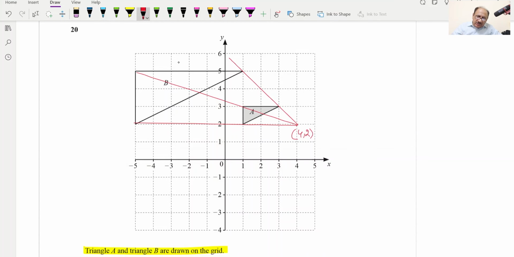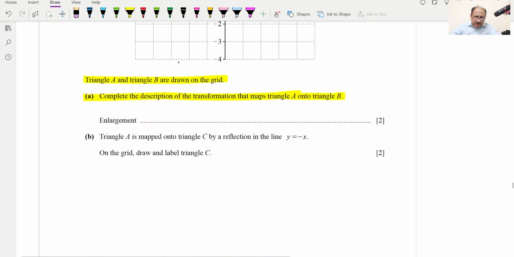This side is 1 unit and this side is 3 units. So by scale factor 3, we can say this is an enlargement by scale factor 3, and the center of enlargement is 4 and 2.